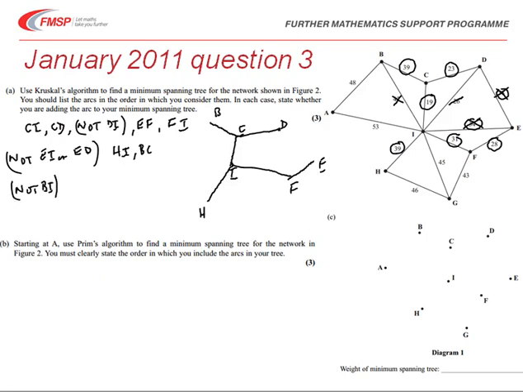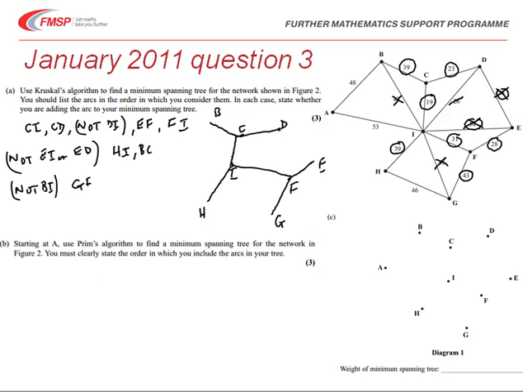And then GF is our next one at 43. And yes, GF comes in here. So let's write that one down, GF. Then we have GI, which is 45, but again that's going to create a loop, so we can't use that one, so not GI.